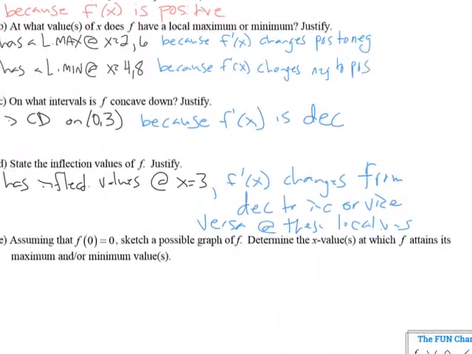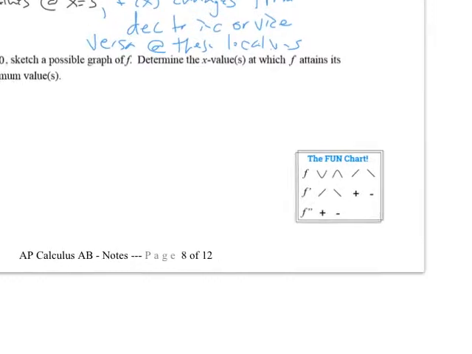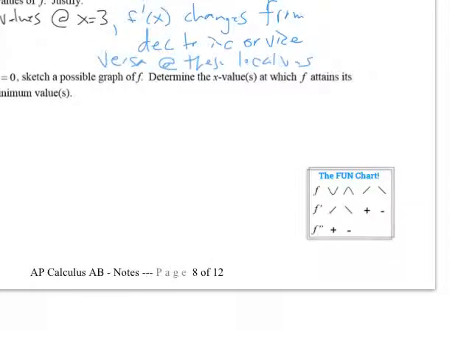Okay, finally I want to draw your attention to this fun chart that's been popping up throughout the pages. It's a useful tool to help us memorize the relationship between all of these things. If we want to know where a function is increasing, we'll see it where the first derivative is positive.